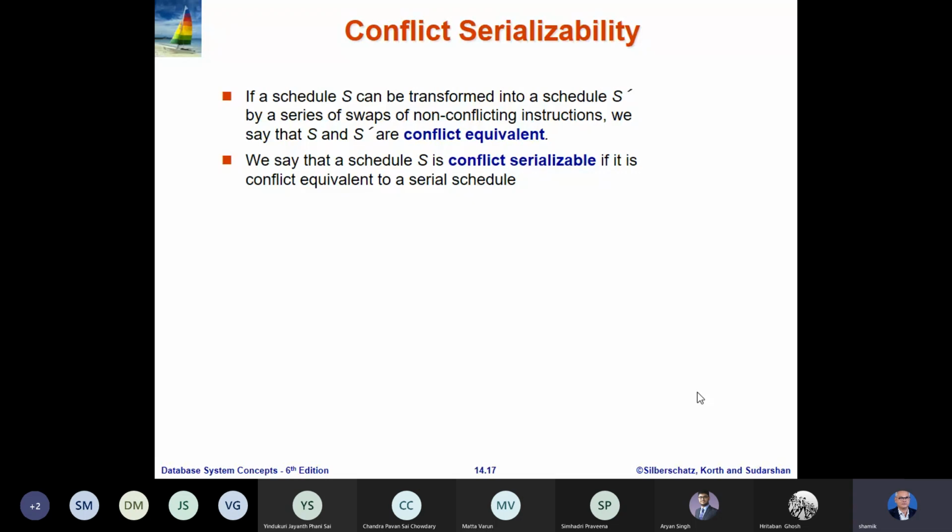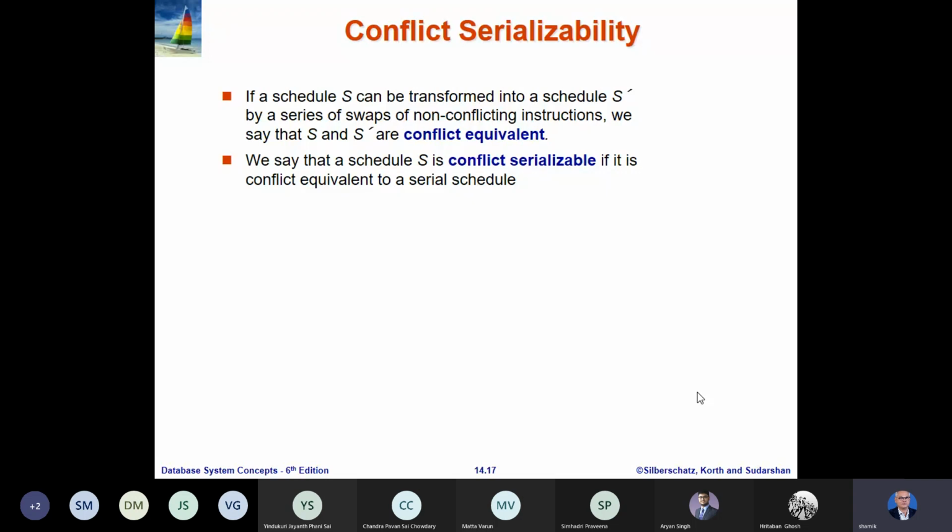But again remember that if S is made up of T1 and T2 and S prime is made up of T1 and T2, but S is T1 followed by T2 in serial sequence and S prime is T2 followed by T1 in serial sequence, then S is not necessarily equivalent to S prime.